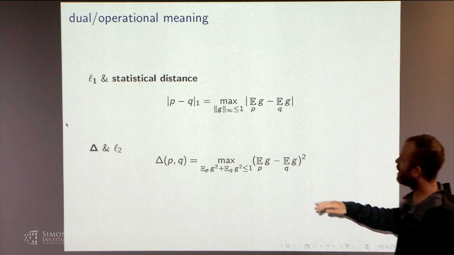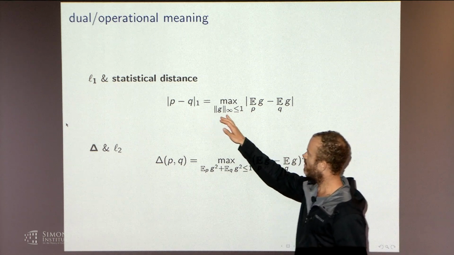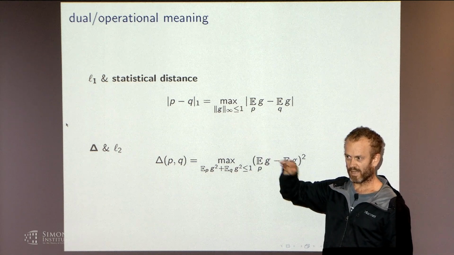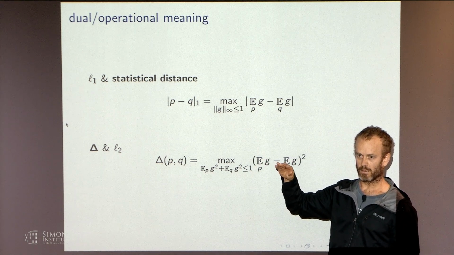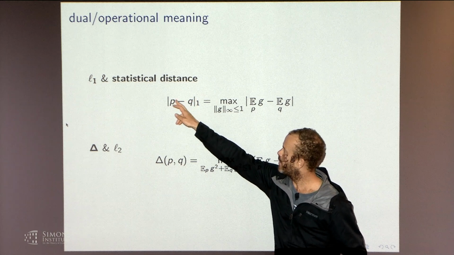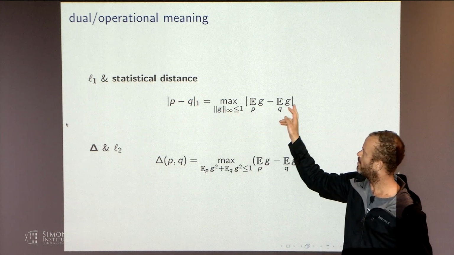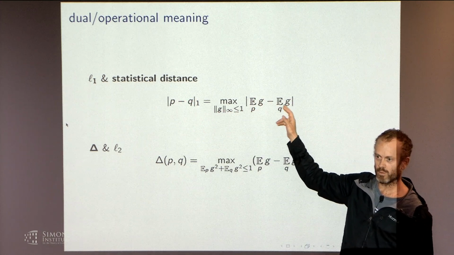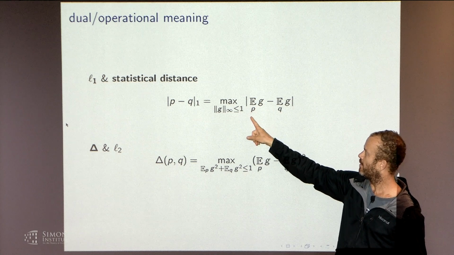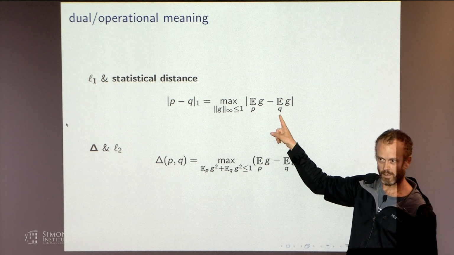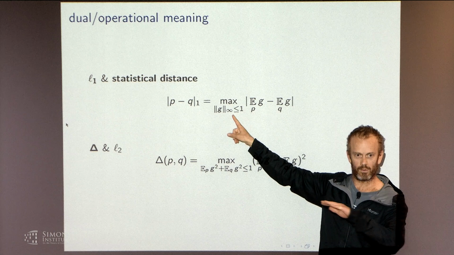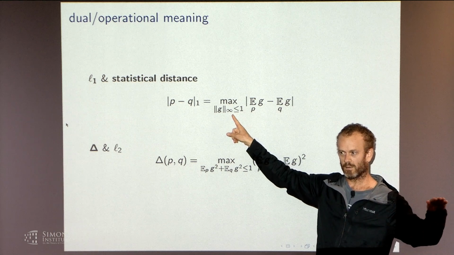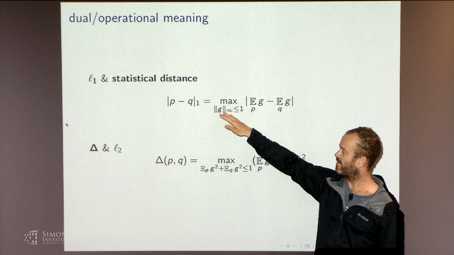L1 corresponds to tests whose L infinity norm is bounded by 1. So when we measure distance in L1, it corresponds to the maximum difference between the answer for a test with P and an answer for a test with Q, where this test is bounded by 1, pointwise. So this is L1.